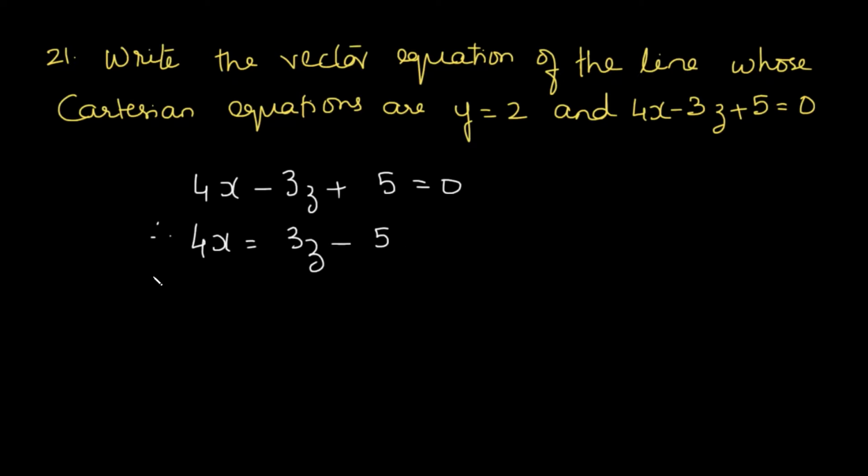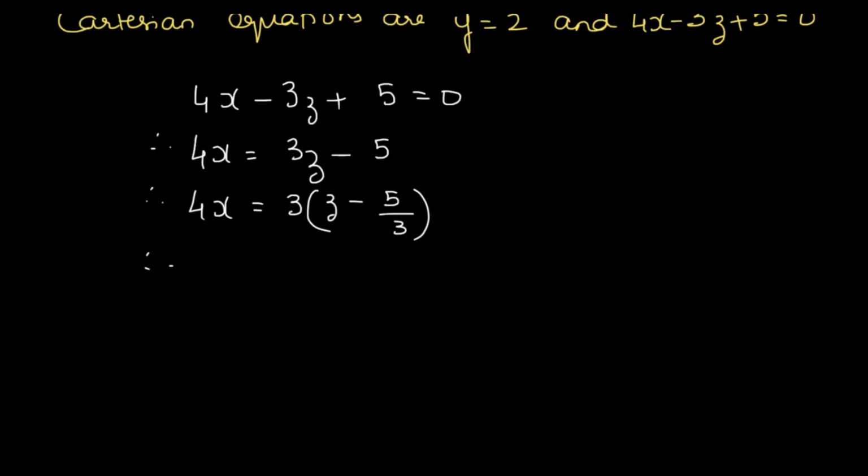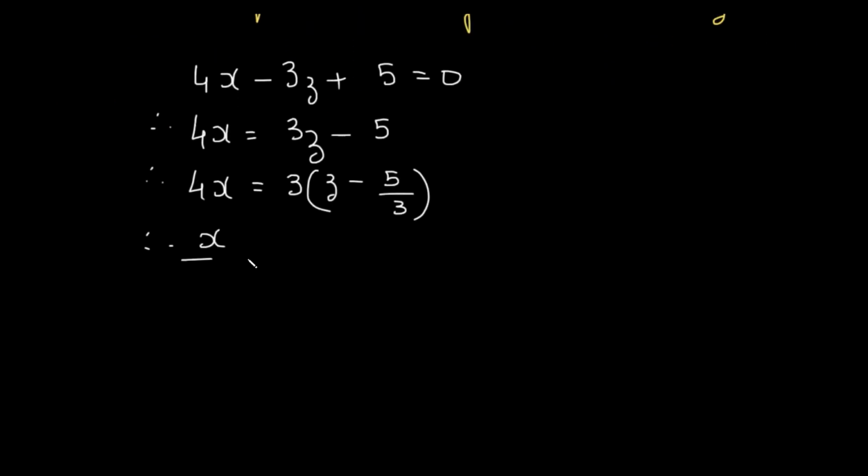Then we can also modify this by writing 4x is equal to 3 into (z minus 5 upon 3), taking 3 common. And therefore we take 4 in the denominator. So we get x upon 1 upon 4 is equal to z minus 5 upon 3 upon 1 upon 3.